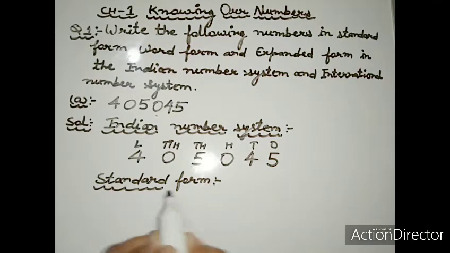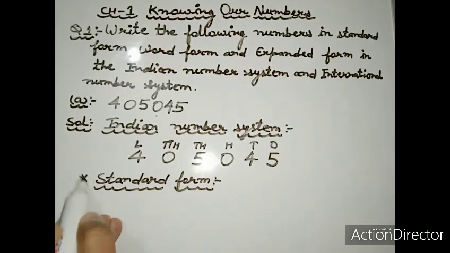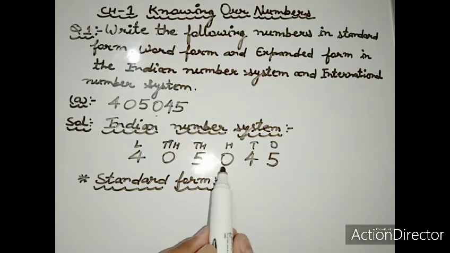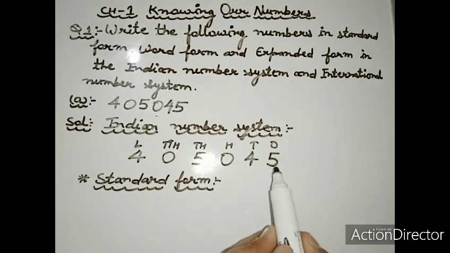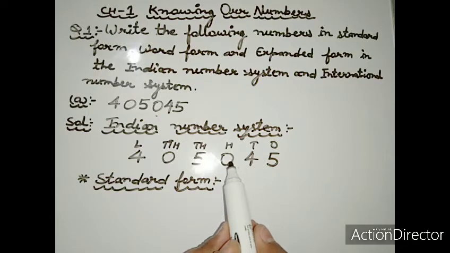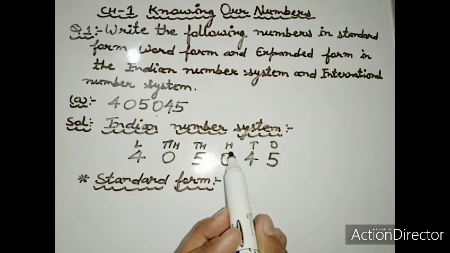Now here we write the standard form of the number. So you all know how we write the standard form of a number. Here we use a comma or leave space between the different periods. So 4045 means ones, tens and hundreds in the ones period.